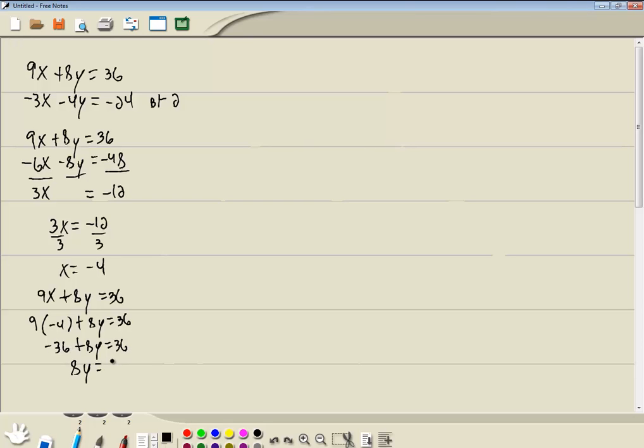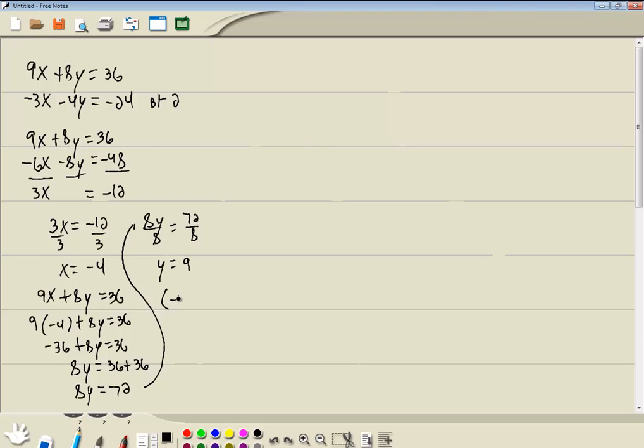Take the negative 36 to the right side and it becomes a positive 36. And we got 8y is equal to 72. Divide both sides by 8. And we get y is equal to 9.